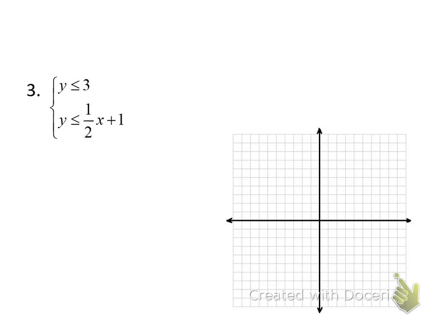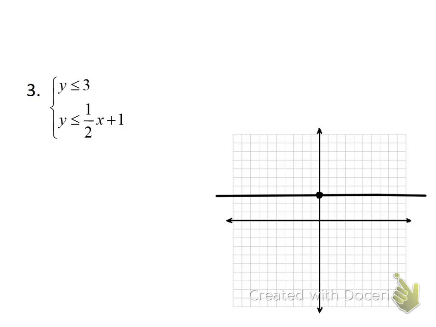Which one? Well, this one would be the y-axis. It's a y line. So would it be vertical or horizontal? Horizontal. So we are going to put a point at 3 on the y-axis and make a horizontal line that goes through it. We've already talked about how it needs to be a solid line.